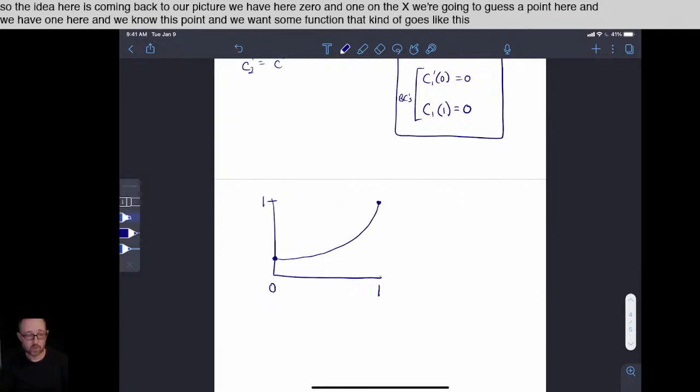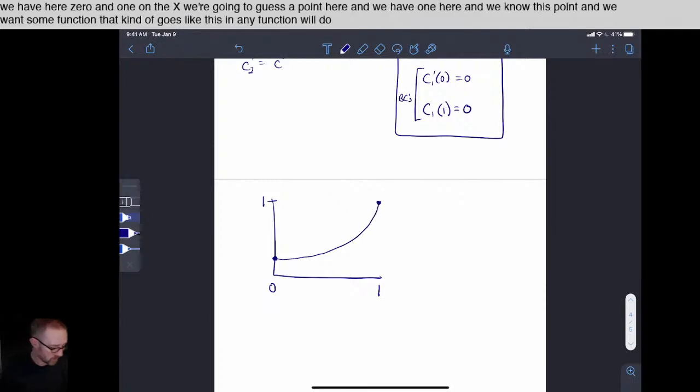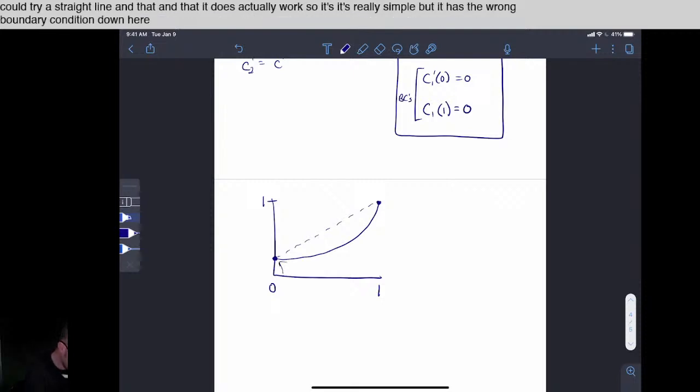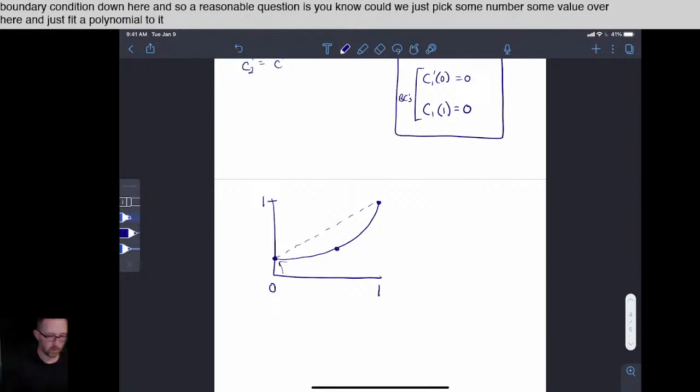And any function will do as long as it has those properties. Now, we could try a straight line, and that does actually work. So it's really simple, but it has the wrong boundary condition down here. And so a reasonable question is, could we just pick some number, some value over here, and just fit a polynomial through it? And that's the approach that I'm going to take.